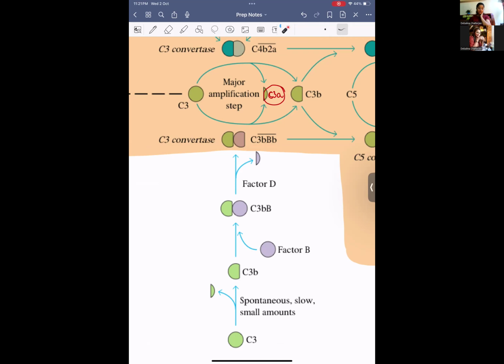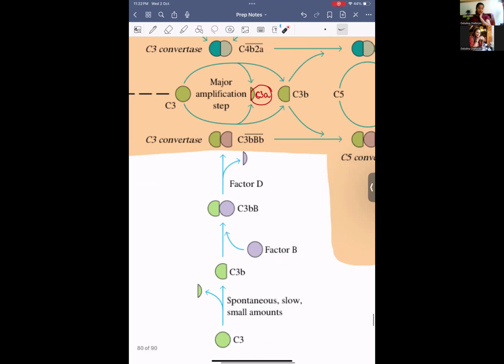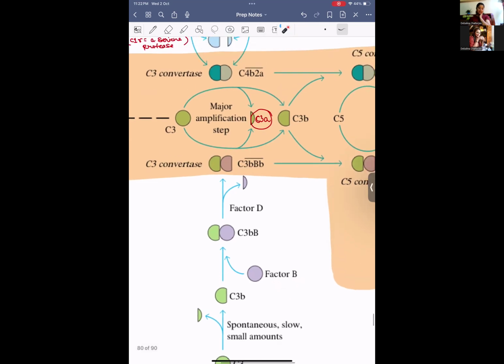So cleavage of the factor B products and cleavage of C3 products. So the C3 convertase in the classical pathway is C4b2a, but the C3 convertase in the alternative pathway is C3bBb. Okay, so again, from here, the story is simplified because it's the same.